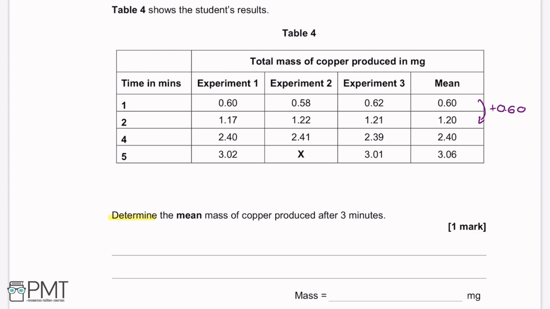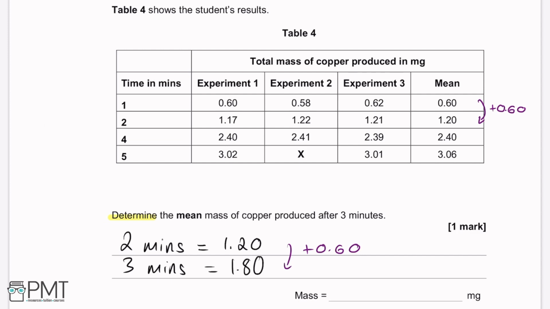So if we're saying that at 2 minutes it's 1.2, we could say that at 3 minutes, let's follow that same pattern. So let's add 0.6, and that will give us 1.8 milligrams, right? That looks about right.